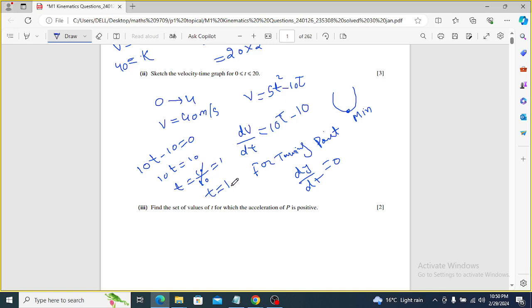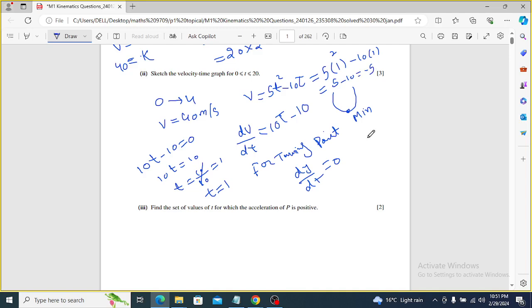So when time is 1, you can put your value in this expression for the velocity. Look, when your time is 1, velocity will be 5 into 1 square minus 10 into 1, so this is 5, and this is minus 10, so it's minus 5.